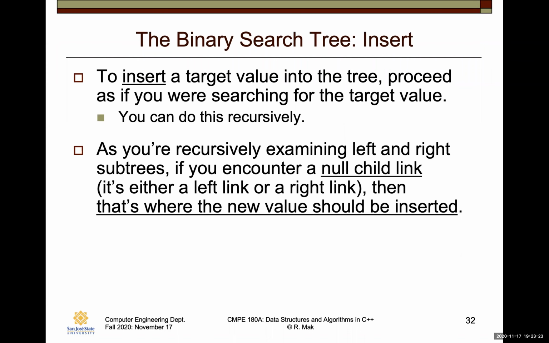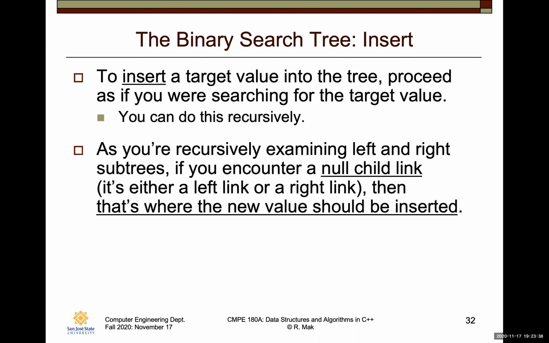First of all, you have to find where the insertion point is. So you do a search, as if you're looking for that value that you're inserting in the tree.